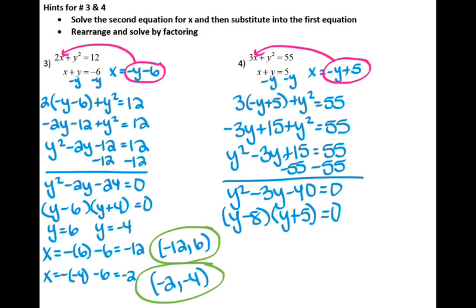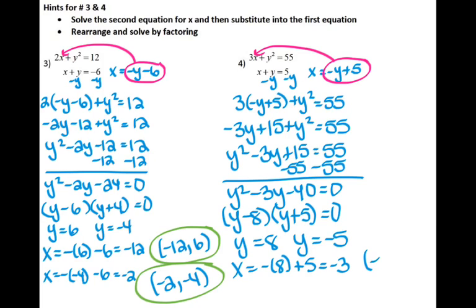So my first solution for y is 8. Second solution for y is negative 5. Now I still need to solve for x. So I have x equals, just plugging it back into the one I have circled in pink. So negative 8 plus 5, which is negative 3.